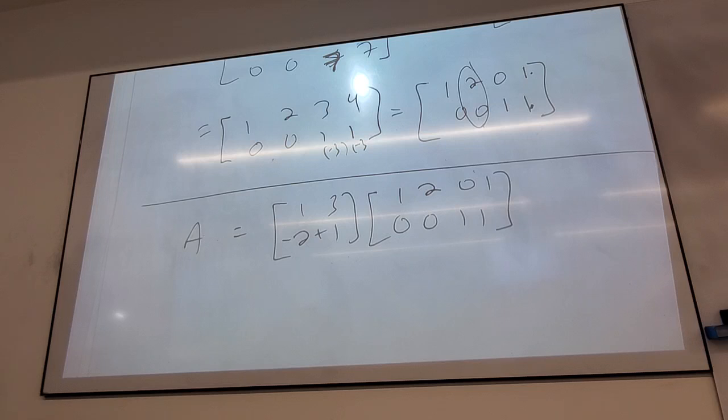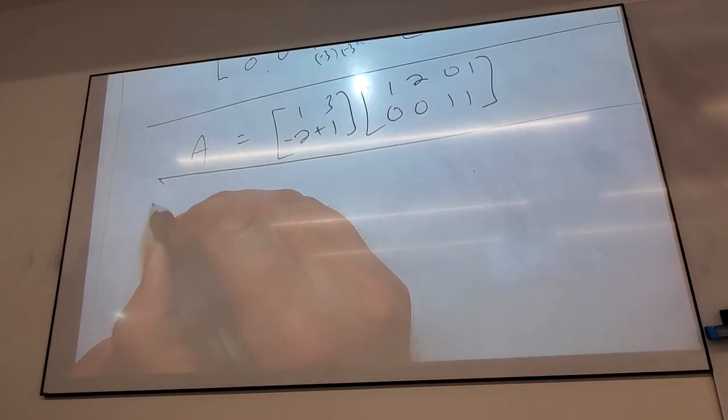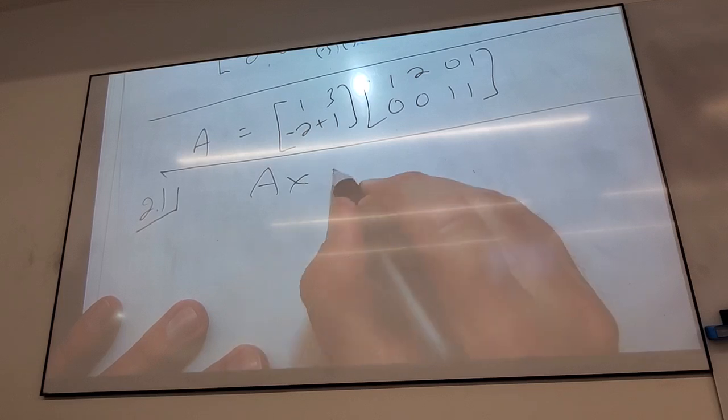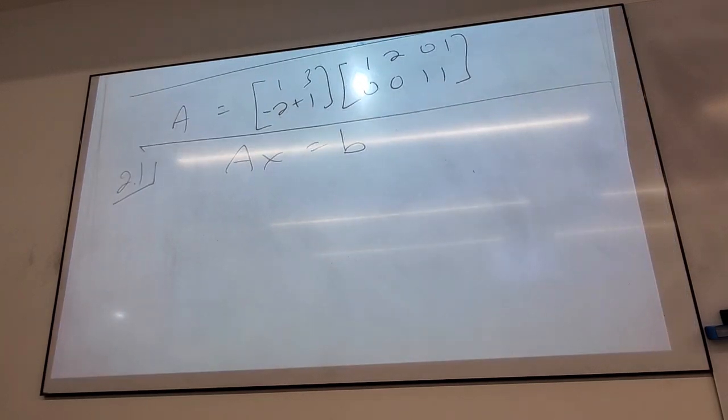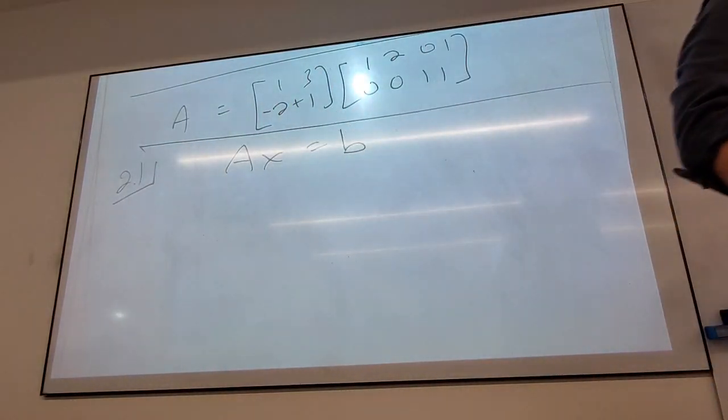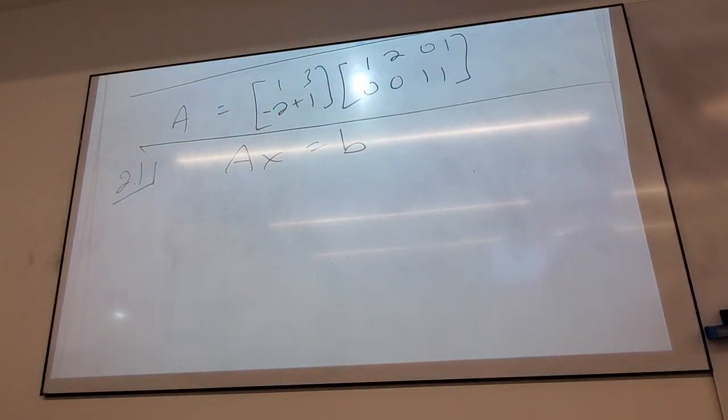Okay, so stepping into 2-1 just a little bit, where we're going to start looking at this thing. It's matrix times vector equals vector. One way to look at this is whatever the matrix A is, it applies transformations to X, which turns it into vector B. If I feed it a vector X, matrix A will do several things to it and turn it into a different vector.